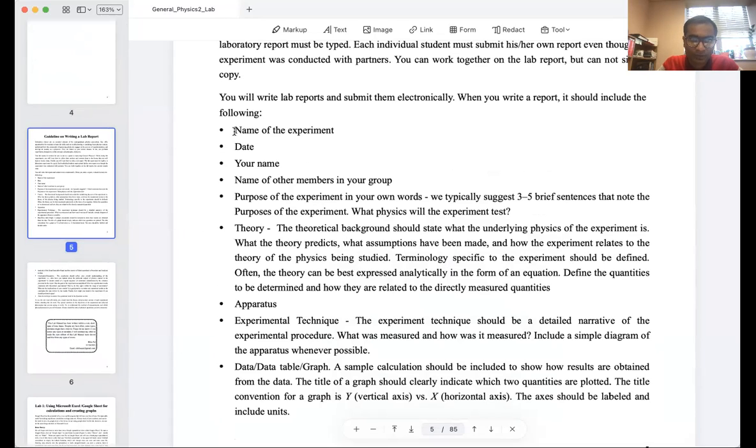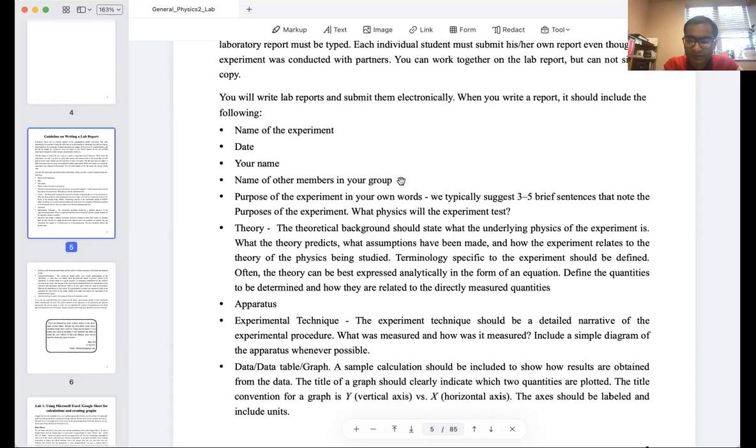All right. So the name of the experiment, you need to write the name of the experiment, and the date. There should be two dates: one is the experiment date and another is the submission date. Your name, and if you performed the experiment together, you should also put your partner's name.